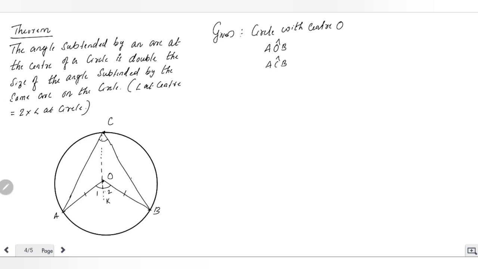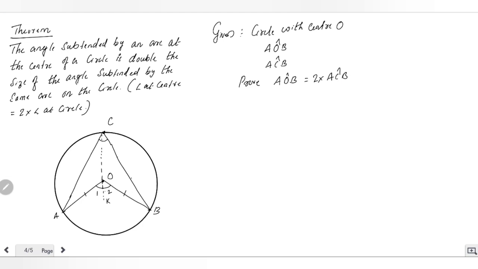Prove: angle AOB is equal to 2 times angle ACB. This one you have to prove.